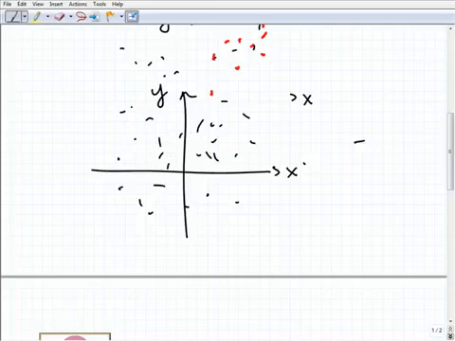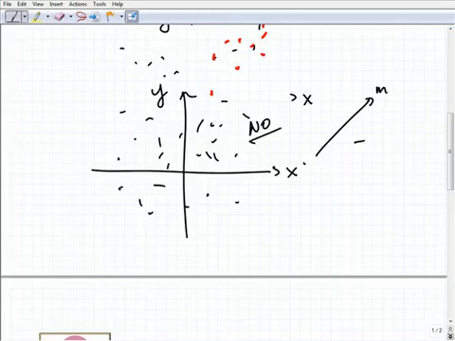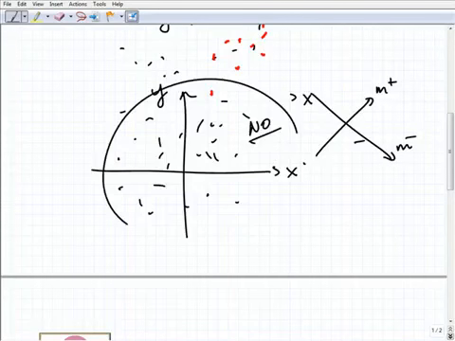There is no trend, or I have no idea. It looks like one of those tests that psychologists show people and ask, what do you see here? This is called no correlation. So you have positive correlation, negative correlation, and then no correlation.